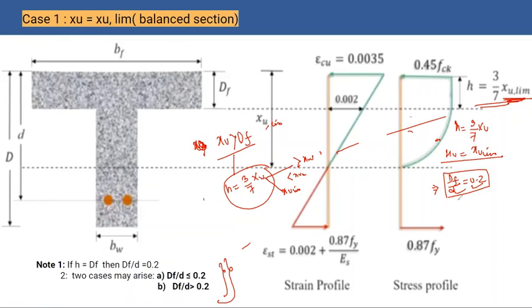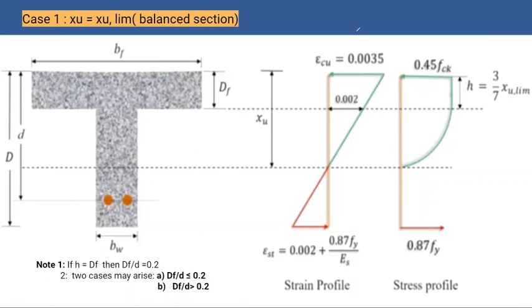If Df by D is equal to 0.2, we can find two more cases. ठीक है. एक Df by D यहाँ लाई कर सकता है, नहीं तो Df by D उससे बाहर भी जा सकता है. So these are the sub cases. ठीक है. So let's see what happens.